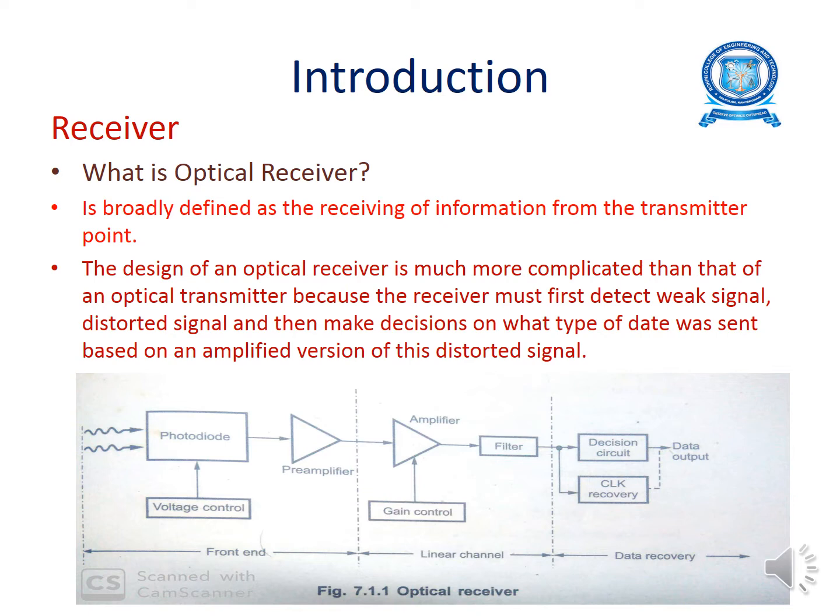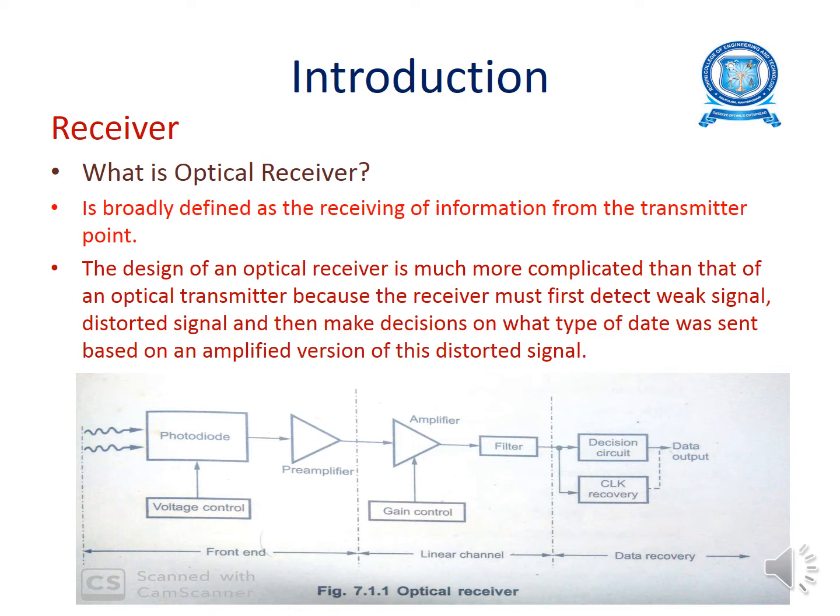When a designer wants to design an optical receiver, it is much more complicated than an optical transmitter, because an optical receiver must first detect a weak and distorted signal, and then make a decision on what type of data was sent based on an amplified version of this distorted signal.